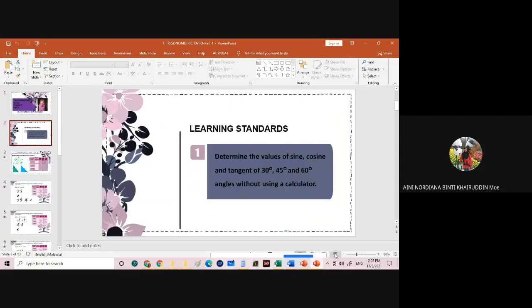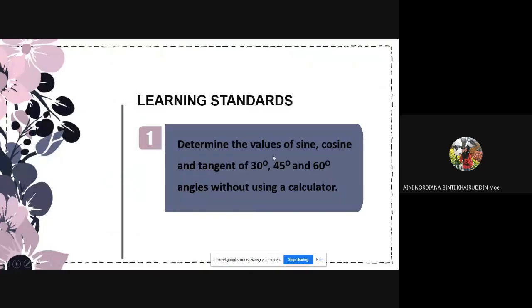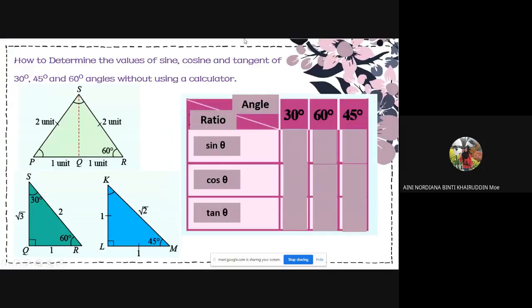Okay, our learning standard for today is to determine the value of sine, cosine, and tangent of 30 degrees, 45 degrees, and 60 degrees without using a calculator. So how to determine the value of sine, cosine, and tangent of 30, 45, and 60?